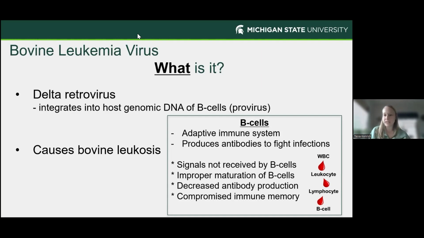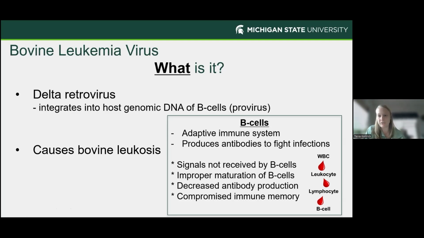So the virus targets B cells. B cells are responsible for the adaptive immune system of an animal, and they produce antibodies to fight pathogens or infections. What happens when a B cell is infected with bovine leukemia virus, or BLV? The signals are not received. Those B cells are not as functional as a healthy B cell.